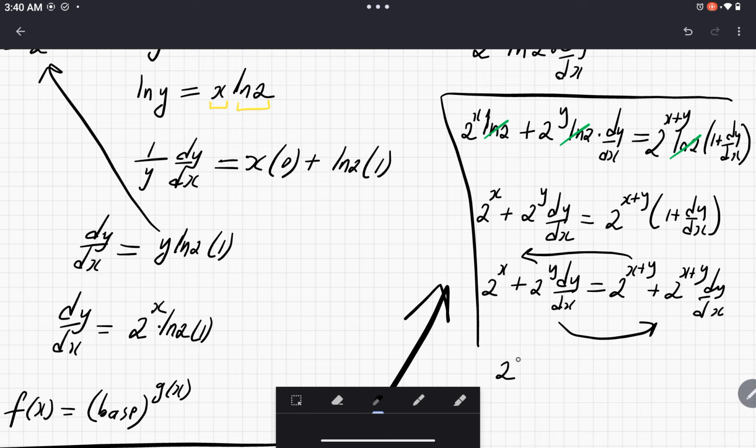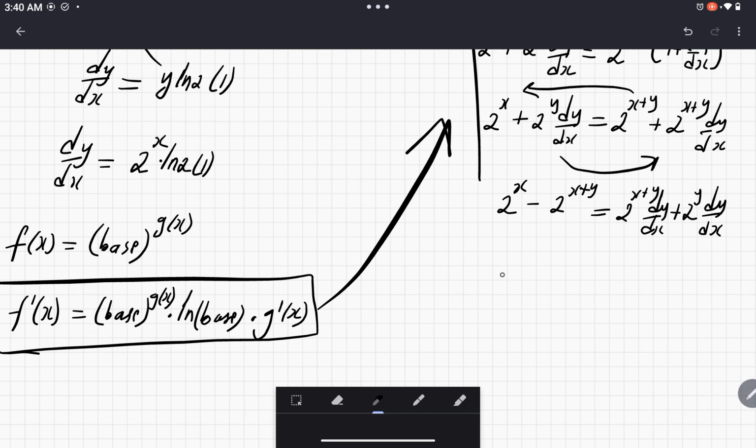So we're going to have 2 raised to the power x minus 2 raised to the power x plus y, and this will be equal to 2 raised to the power x plus y dy on dx, plus 2 raised to the power y dy on dx, right?